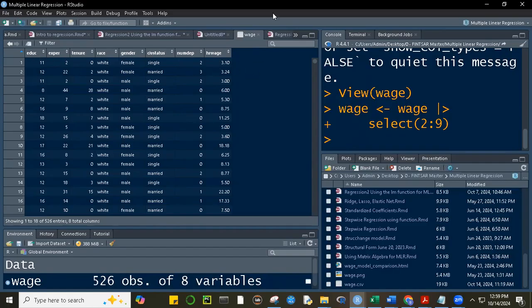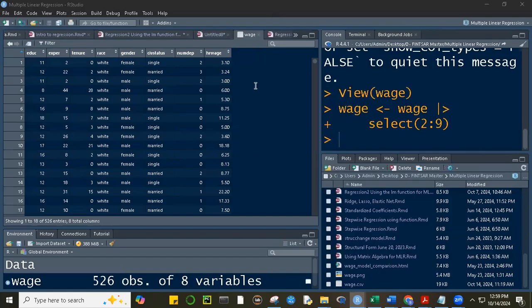Okay, could you kindly please chat if you got that class? Maybe you didn't have that wage where you have the number one, but just make sure that this is your wage data set, education up to hourly wage. So kindly check and please chat yes if you're okay.